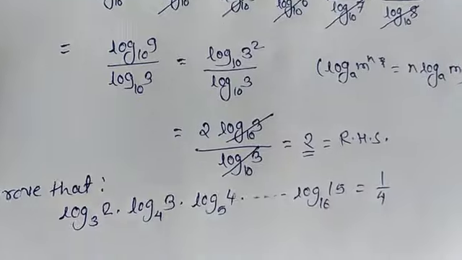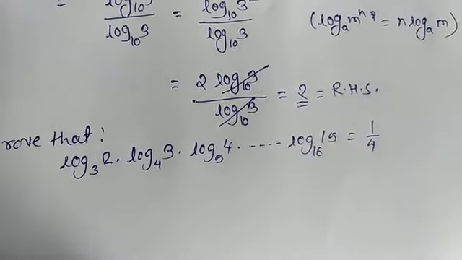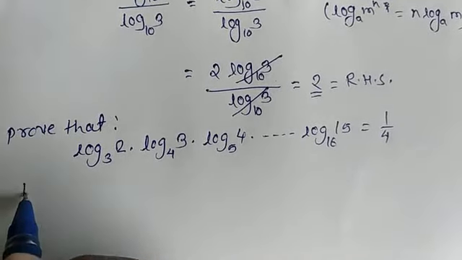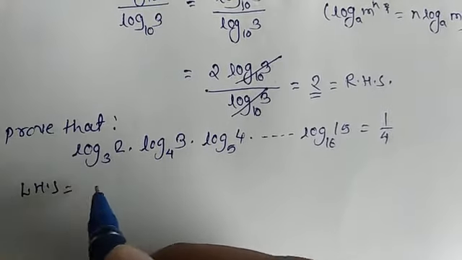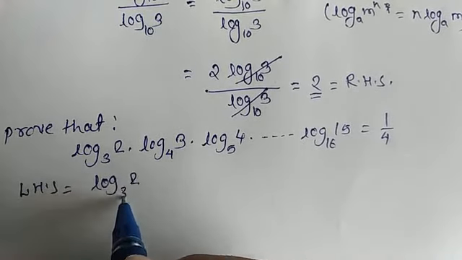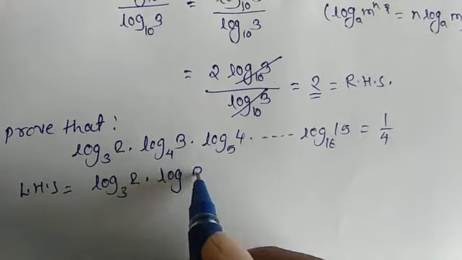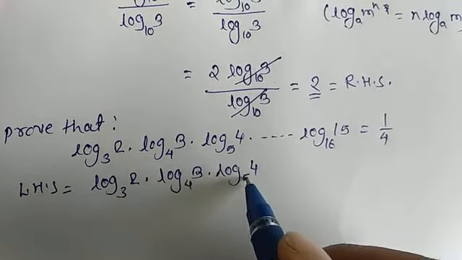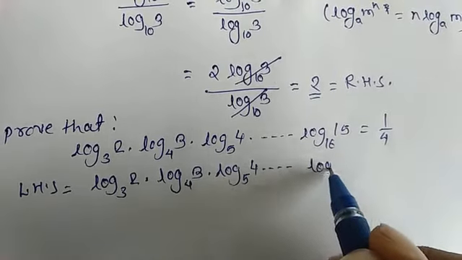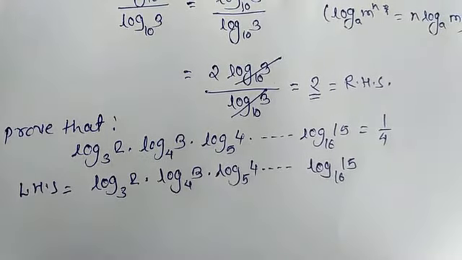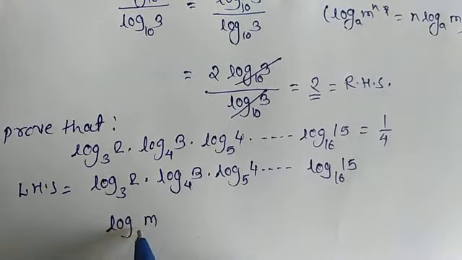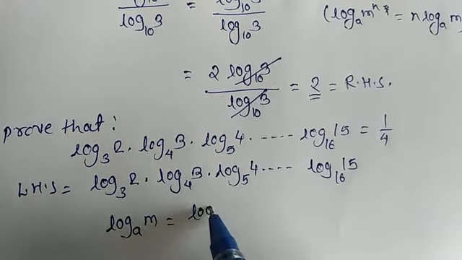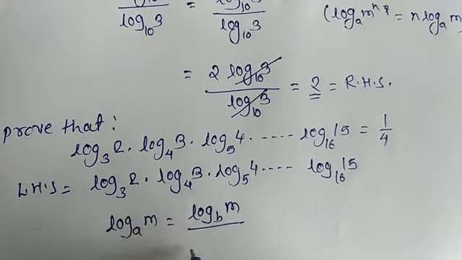Okay, for this example we again use a formula. Consider first the LHS, which is equal to log of 2 to the base 3 multiplied by log 3 to the base 4 multiplied by log 4 to the base 5, up to log of 15 to the base 16. Again we use the rule: log of m to the base a is equal to log of m to the base b divided by log of a to the base b.